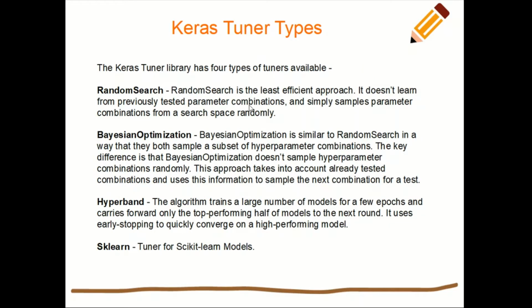Okay, now as far as the Keras Tuner goes, there are four different ways available to find the right set of hyperparameters. One of them is the random search. Random search is the least efficient approach, and it's going to pick the values of the hyperparameters randomly and see if that is good or bad, like whether we are getting better results, the same kind of results, or even worse results than our last trial.